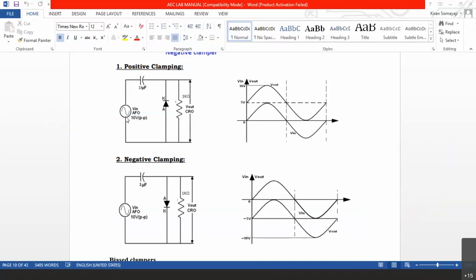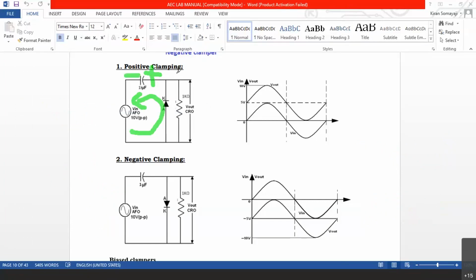In the first one or two cycles, when the capacitor passes the AC, the diode is forward biased in the negative cycle. So when this diode is conducting in the negative cycle, there is a least resistant path, and this will become plus, this will become minus.